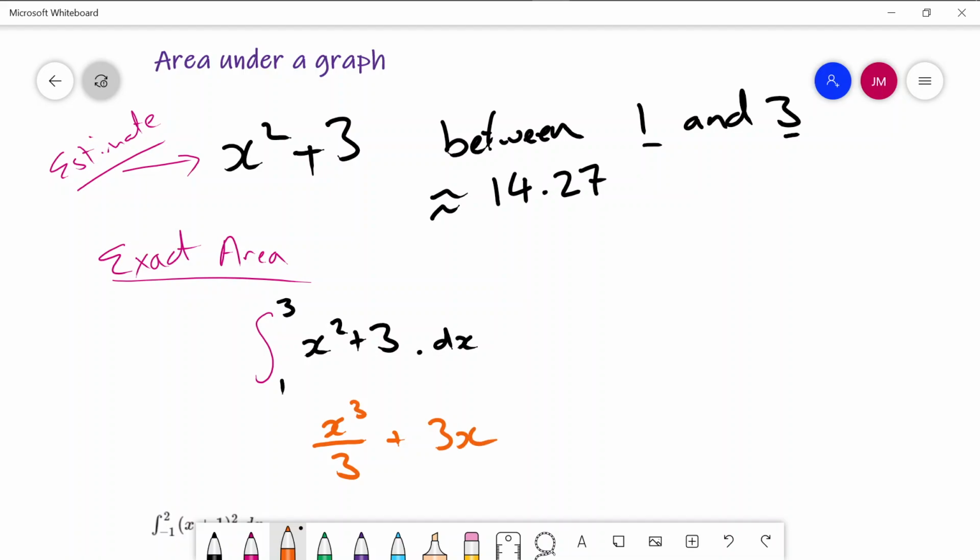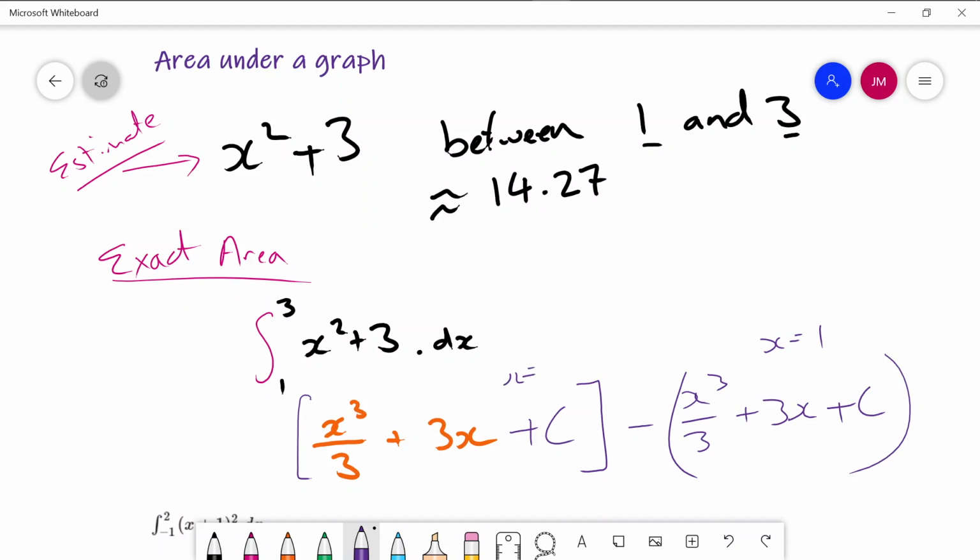Now, this is where it's a little bit different. Normally we would do plus c, but here we substitute in when it's at 3, so we use all this at 3, and then we subtract all of that again, x cubed on 3 plus 3x plus c, when it's at 1.